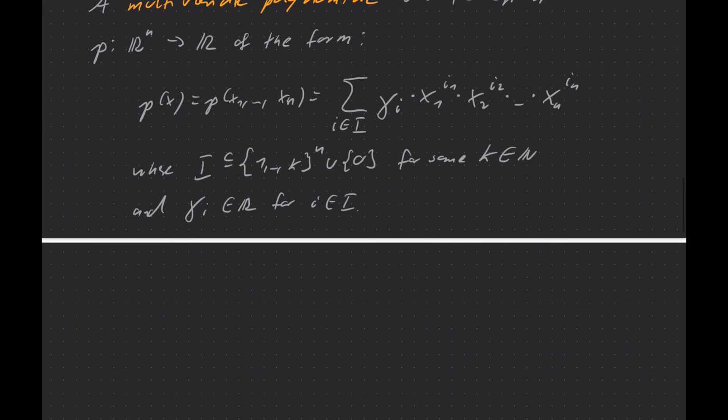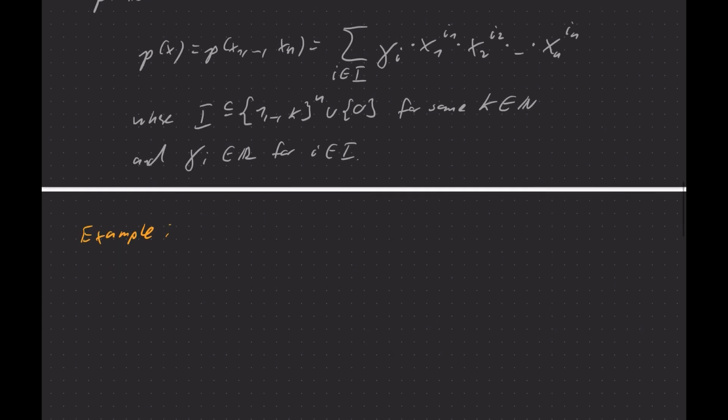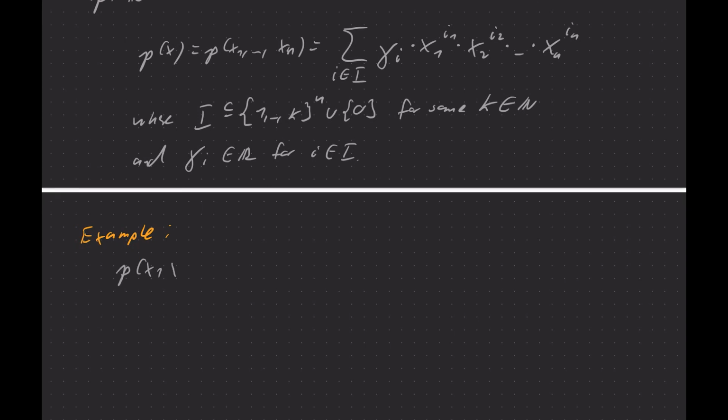Okay, let's have an example of those. For example, a typical multivariate polynomial could look like this. P of x1, x2, x3. Let's have a three-dimensional, three-variate polynomial.